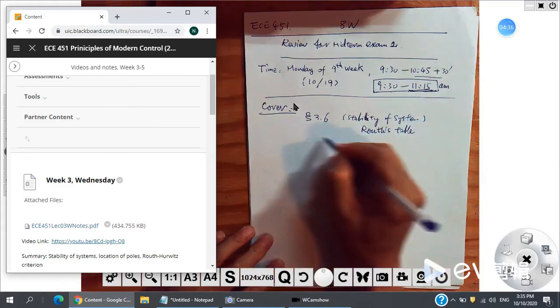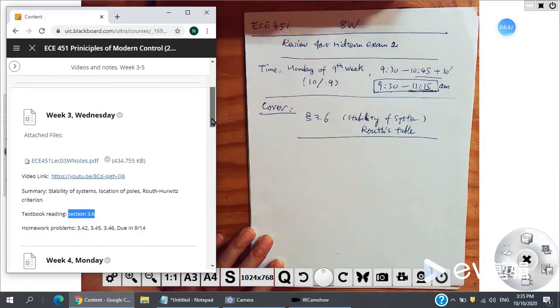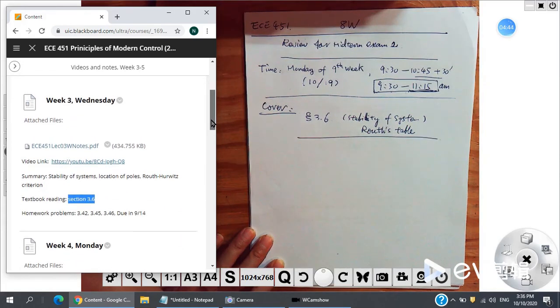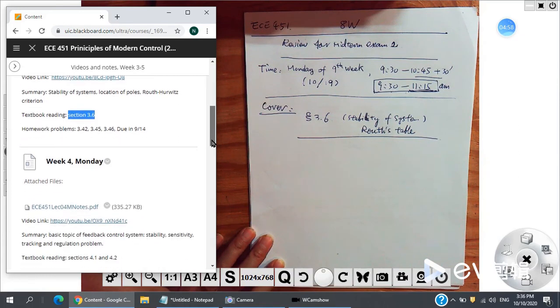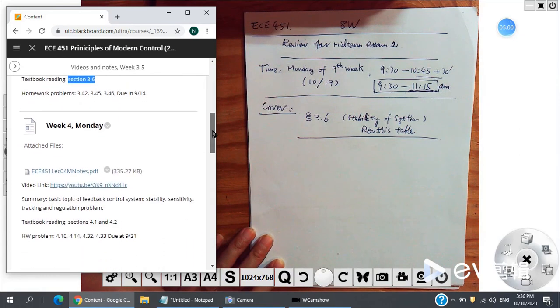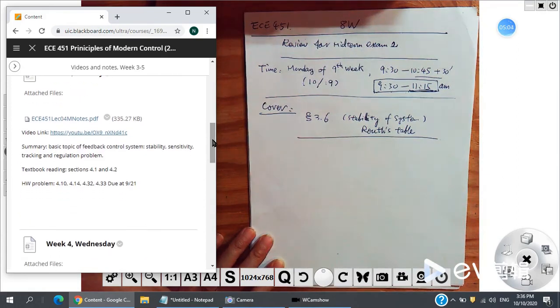This is week 3, Wednesday. In week 3 we only have one class, right? The Monday was the first midterm exam. Then Wednesday we have these. It covers section 3.6. This is the only section of chapter 3 that will be covered in the second midterm. And then we go to chapter 4.